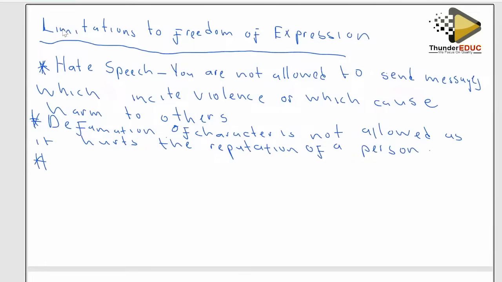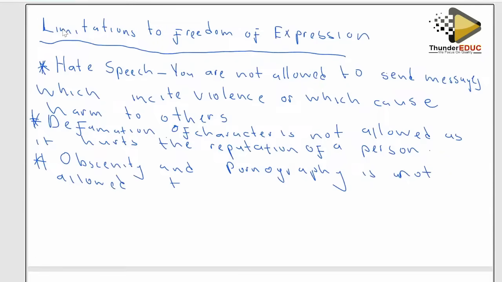Then in addition to that, the use of obscene pictures, obscenity, and pornography is not allowed to be posted or shared.